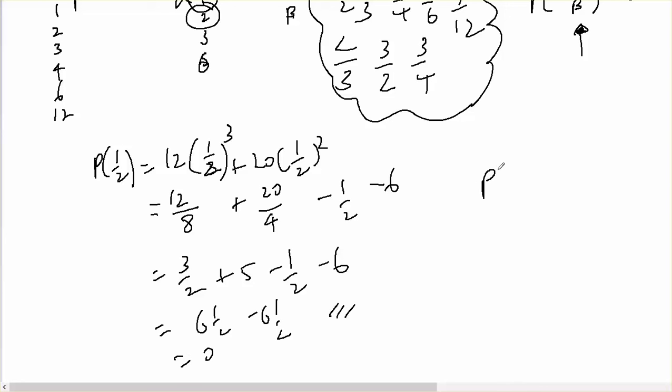Beauty. P of a half equals 0. Therefore, x minus a half is a factor, or 2x minus 1 is a factor.